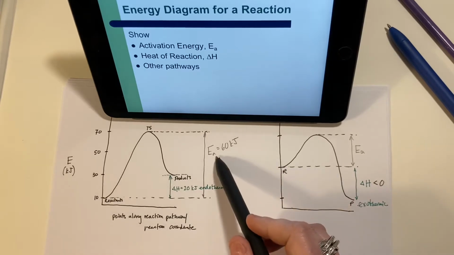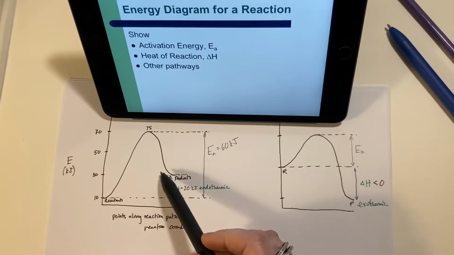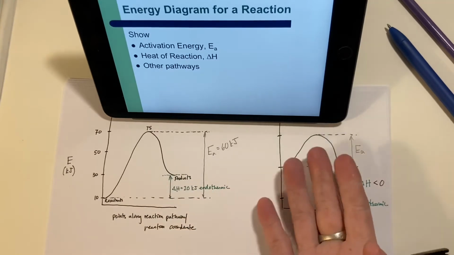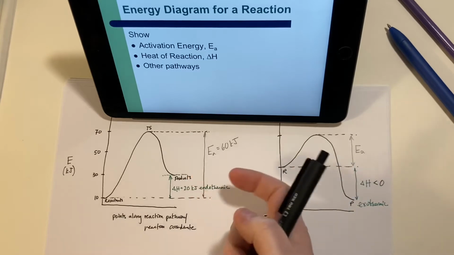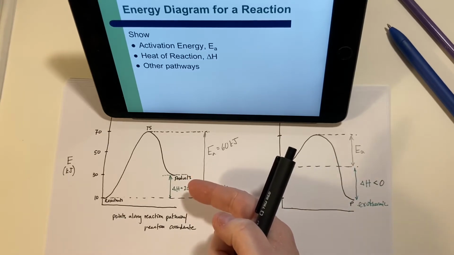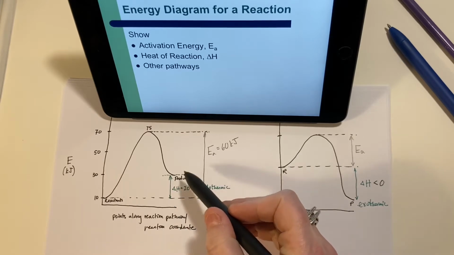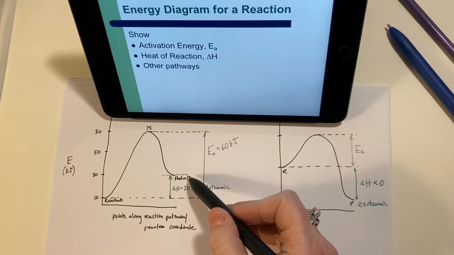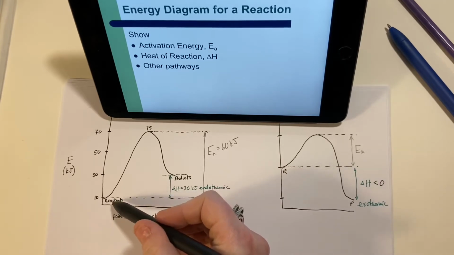So if activation energy is only the difference between reactants and transition state, here's a question. What if we looked at this reaction in the reverse direction? In the reverse direction, we'll treat the products as the reactants, the starting point, and the reactants as the products, the final point.